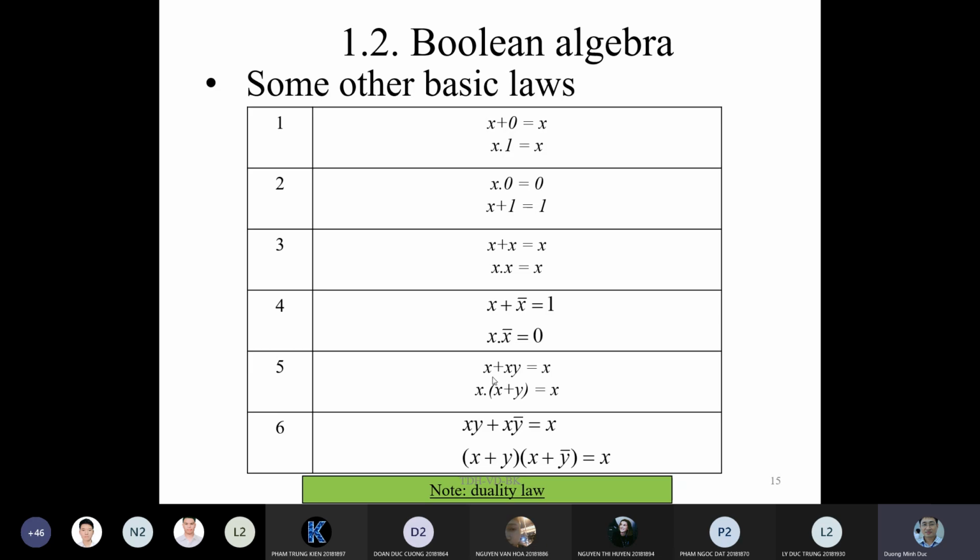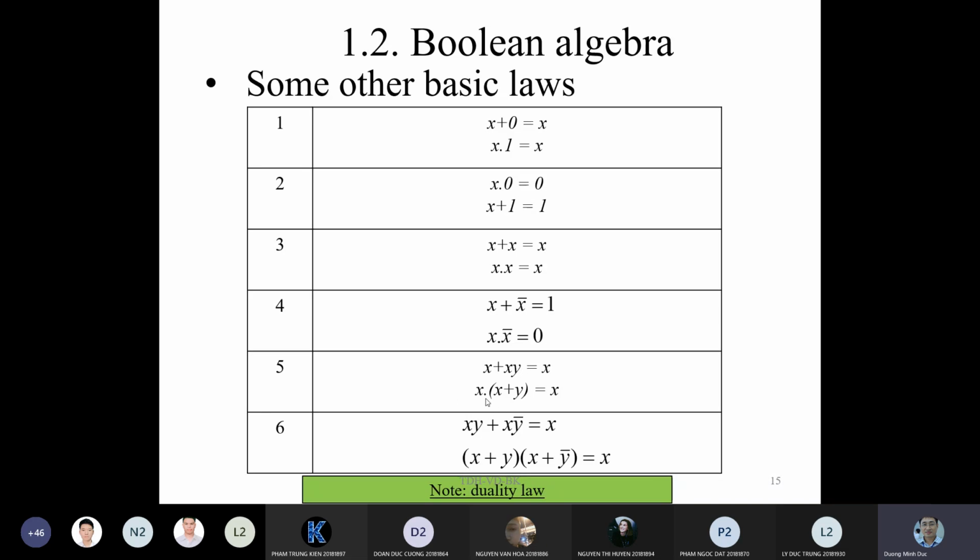We use the distributivity, and then we get x multiply (1 plus y). But 1 plus y is equal to 1. So x multiply 1 equals x. Okay.